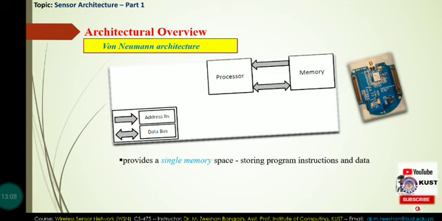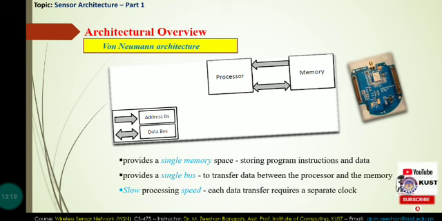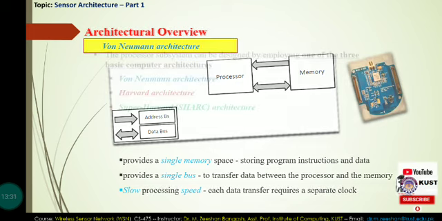The architecture has a very slow processing speed, because each data transfer requires a separate clock. This is one of the limitations of this architecture.